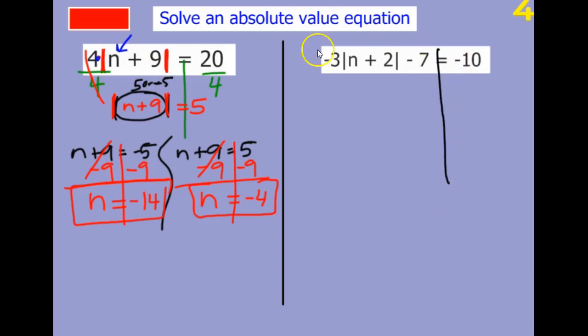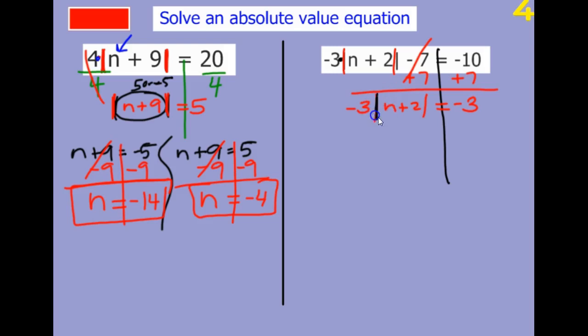Last one like this, we have multiply by negative 3 on the outside of our absolute value, and we have subtract 7. Just like we follow the order of operations, we got to get rid of our addition and subtraction first. So I'm going to add 7 to both sides. So then we have negative 3 absolute value of n plus 2 equal to, well, there's more negatives. 10 minus 7 will give us 3.